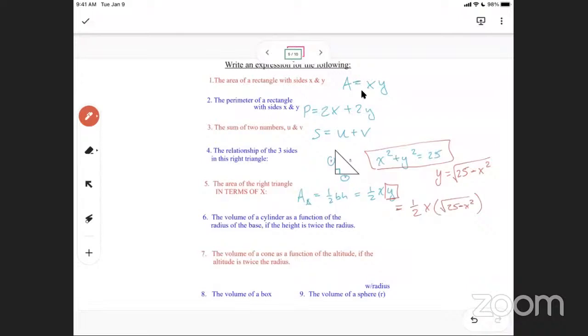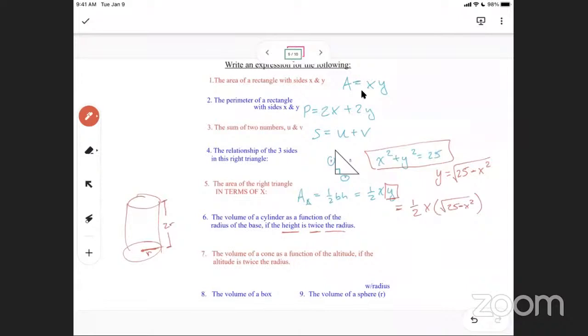The volume of a cylinder as a function of the radius of the base, if the height is twice the radius. So here's my cylinder, here's my radius, and the height right here is 2r. The formula for the volume is pi r squared, the area of the base, times the height.